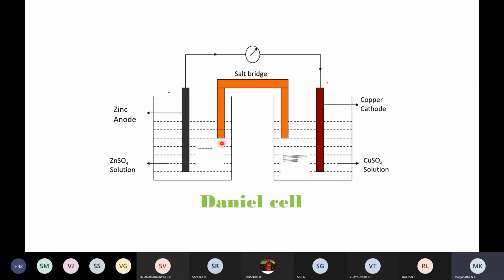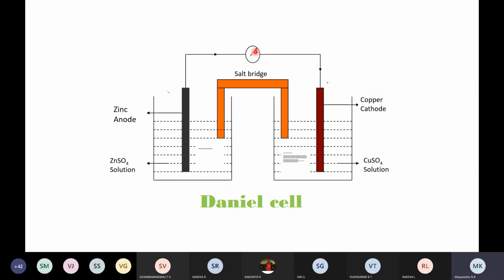See, this is a salt bridge which is used to connect both the containers internally, and both the electrodes are connected externally using a metallic wire with a voltmeter. See, this is the voltmeter. This is the construction of a galvanic cell, means a Daniell cell.